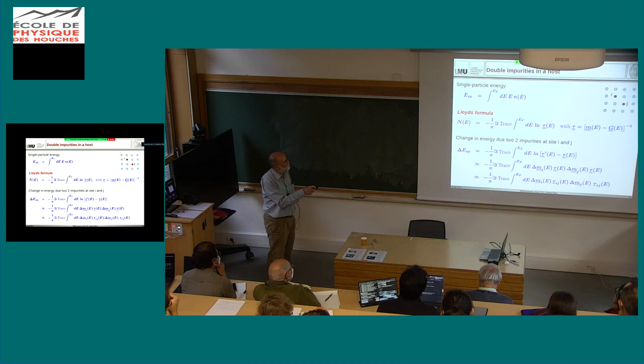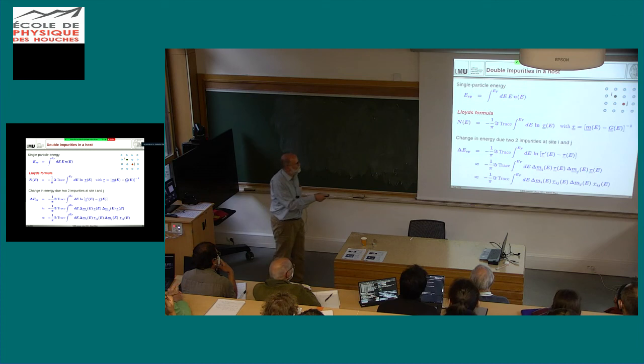Now if we have two impurities, we have to modify that expression accordingly, and we can take the difference. So leaving them out would give us tau, putting them in gives us tau prime.